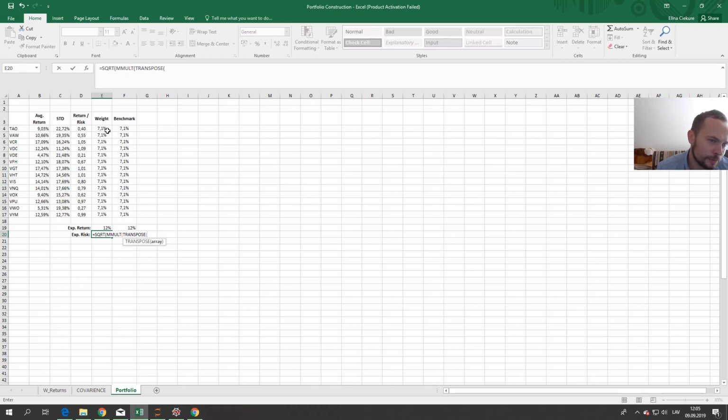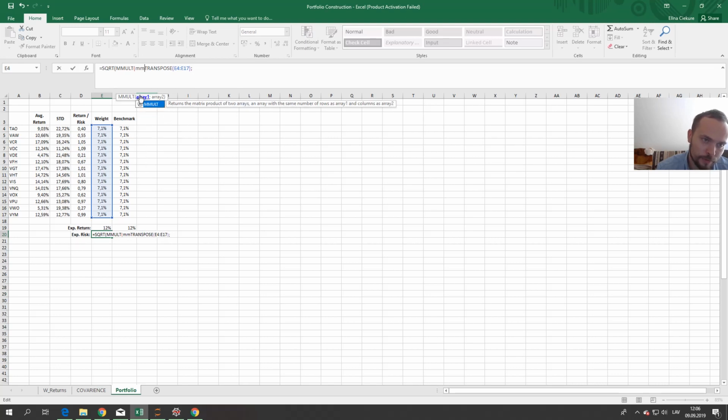Actually, it shouldn't really matter the order, but we'll use weights twice. So first of all, we transpose these, and, not to forget anything, two multiplications take place.